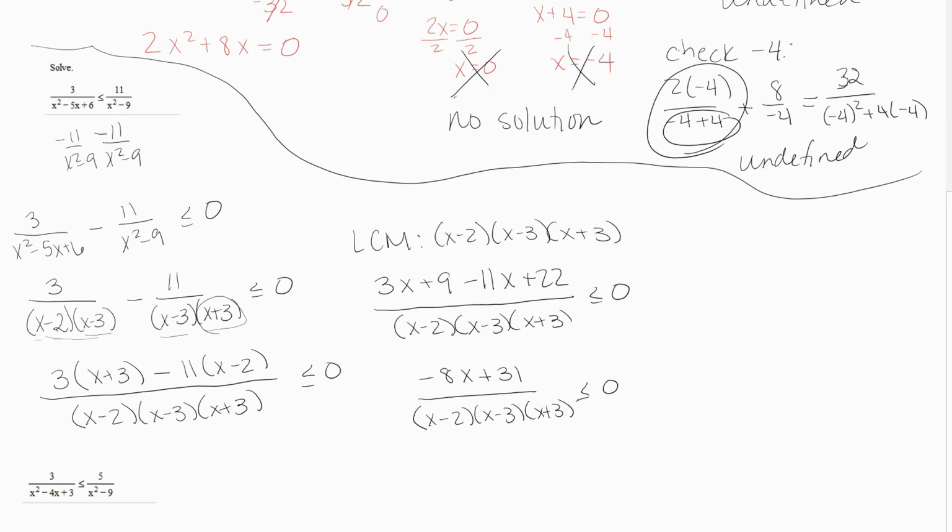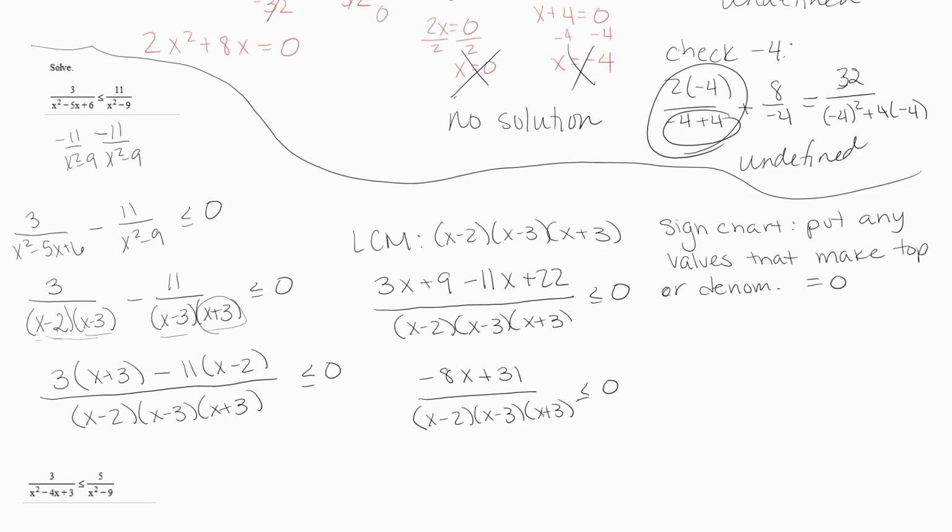So now we're going to make our sign chart. On the sign chart, we need to put any values that make the numerator, the top, or the denominator equal to 0.